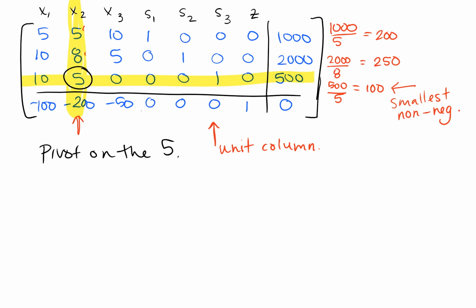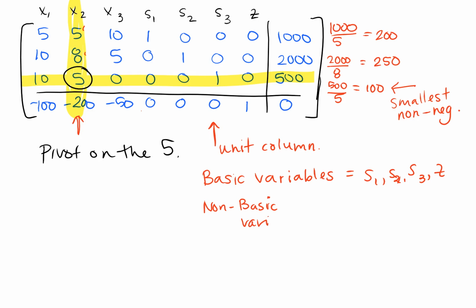We will say that S1, S2, S3, and Z are basic variables because they have a unit column. The remaining variables will be non-basic, so this would be X1, X2, and X3.